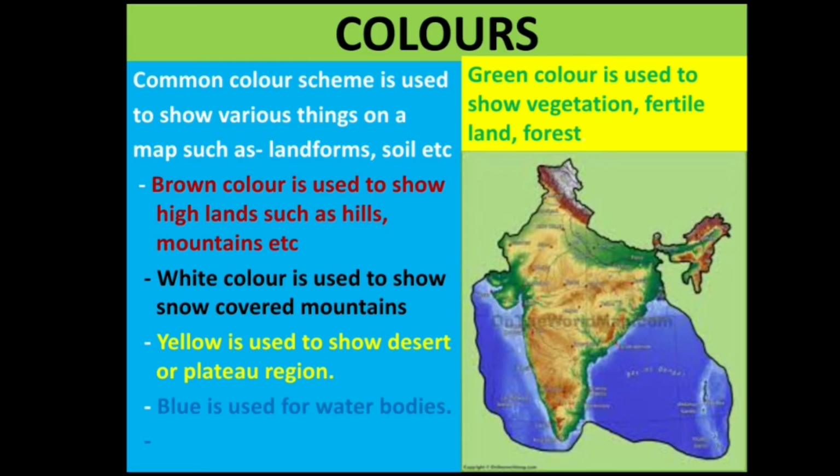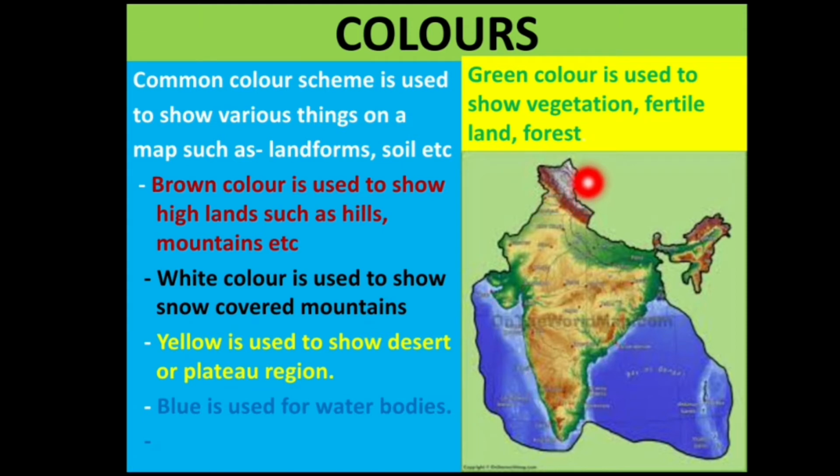Next is colors. Many maps follow a color scheme, and we should also know these color schemes to understand the map. Like brown color is used to show high mountains. So here you can see in this part brown color is used. It means that in this area high mountains are there.